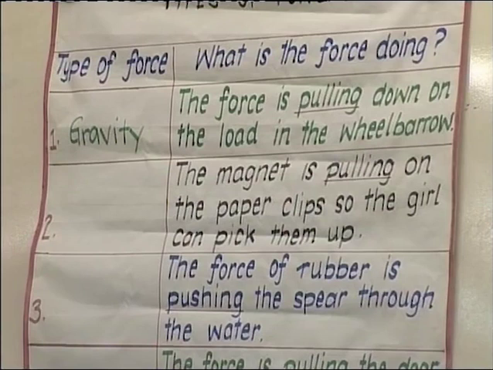Ashanti, are we all right? Number 2. Magnet is pulling on the paper clips. So what are they using to pull on the clips? Magnet. So what is the force? What is the type of force?